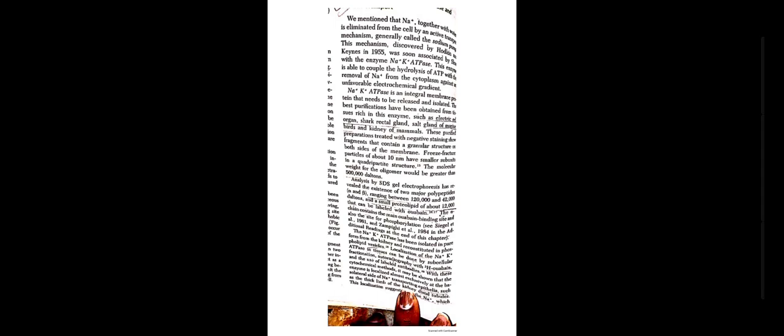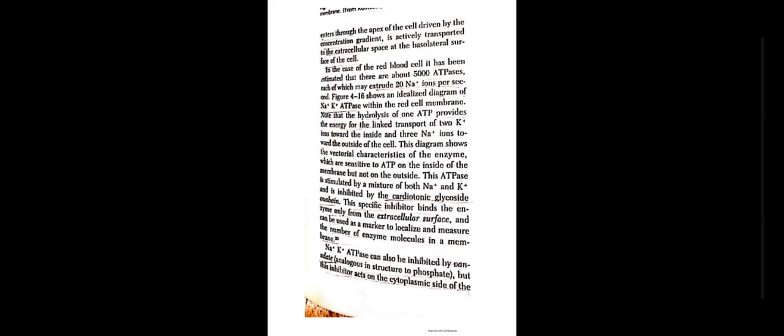This localization suggests that sodium which enters through the apex of the cell, driven by the concentration gradient, is actively transported to the extracellular space at the basolateral surface of the cell.